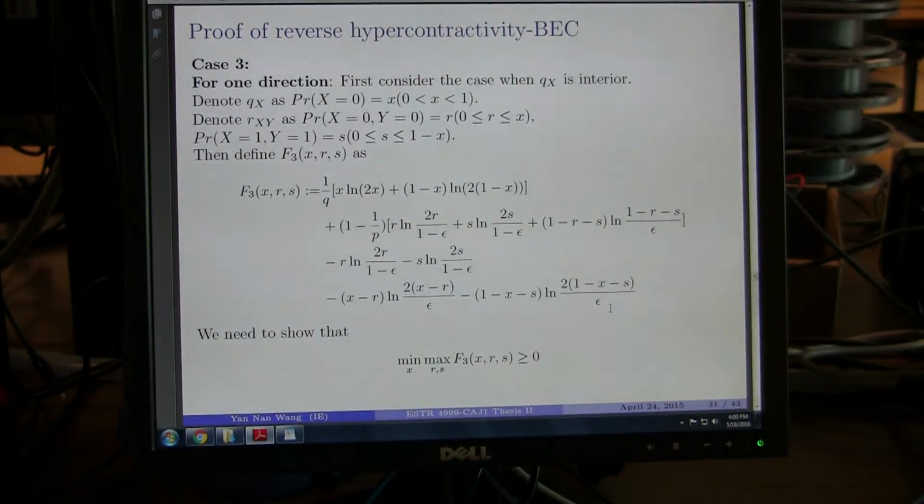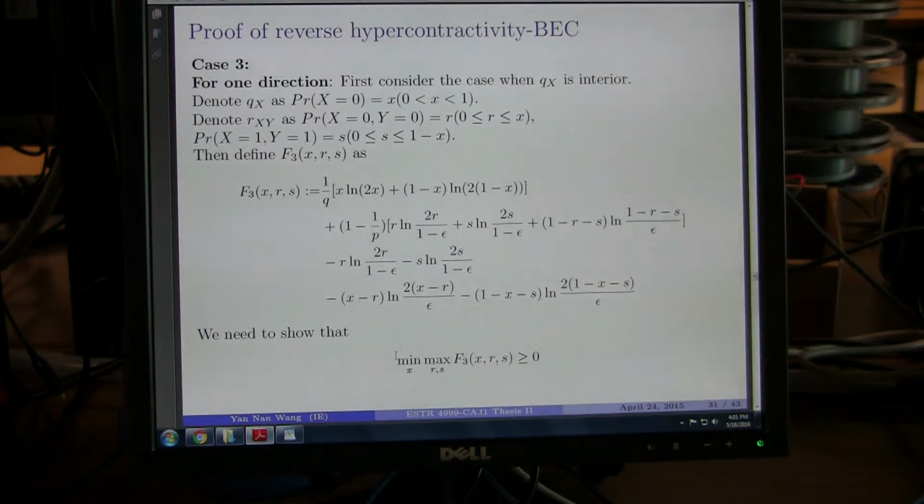Again, by some parameters like x, r, s, the divergence expression will be reduced to a function f3(x,r,s).